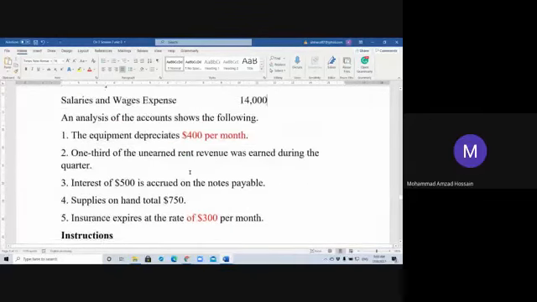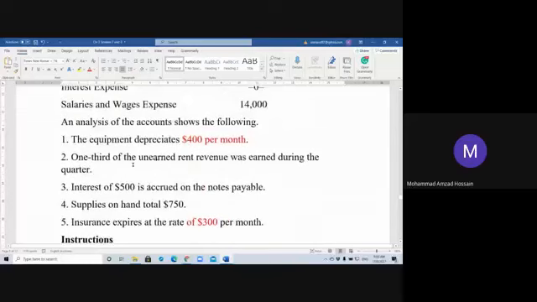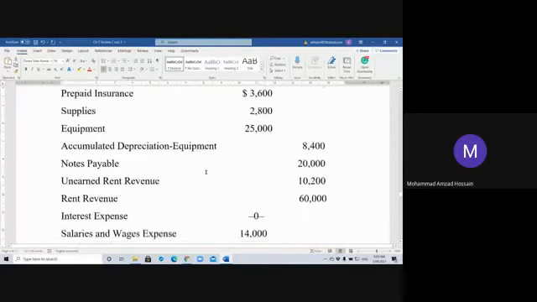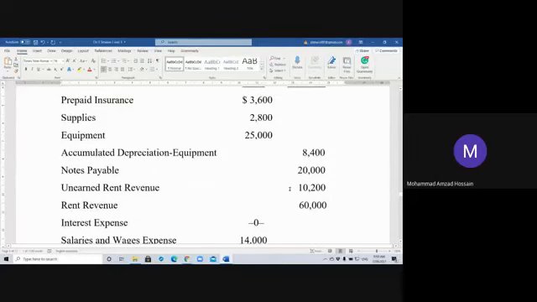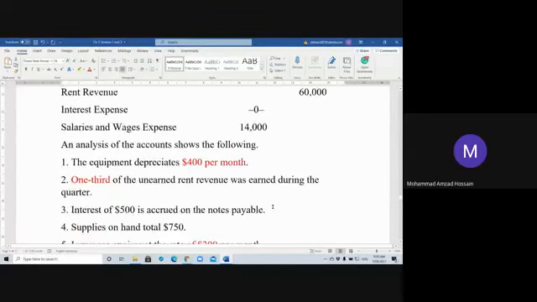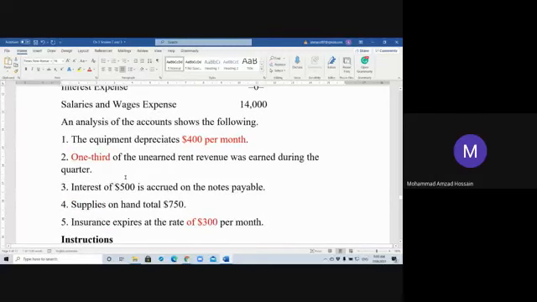So the next transaction, 1/3 of the unearned revenue was earned during the period. So what is the amount of the unearned revenue? Unearned revenue was 10,200, and of this 1/3 has been earned.